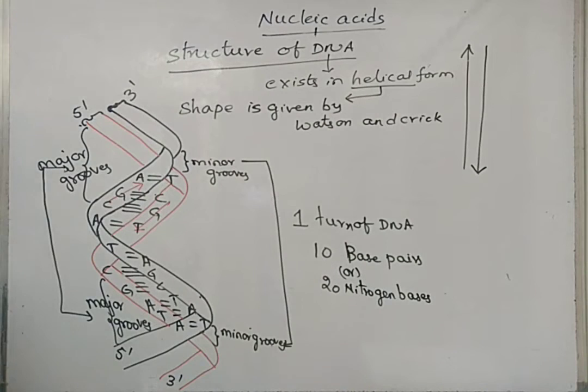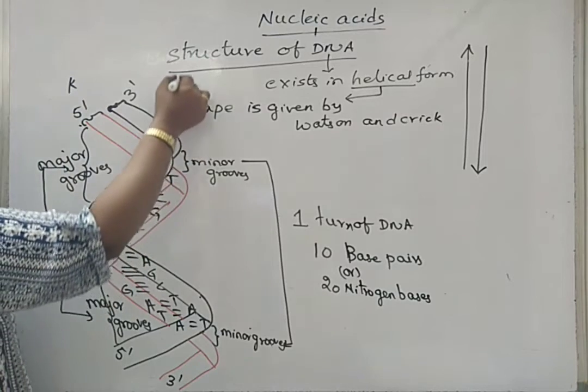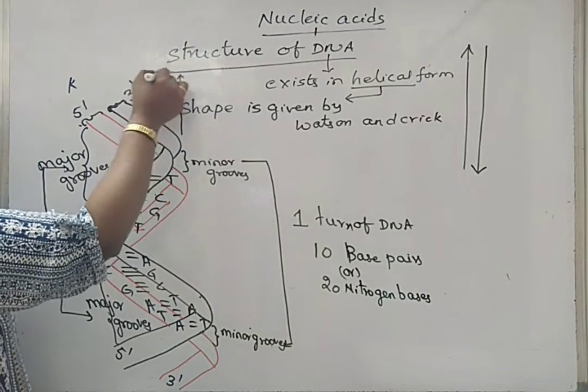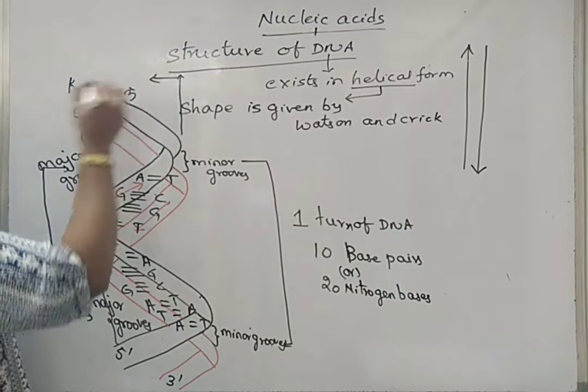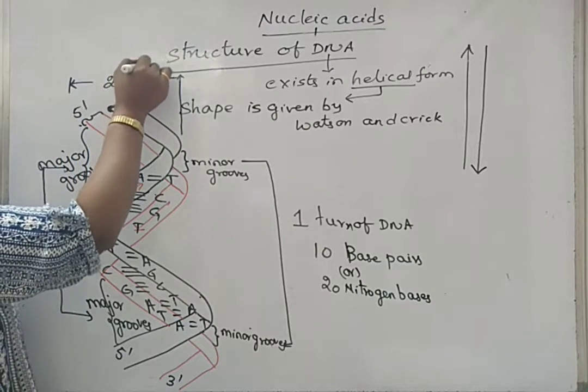Nitrogen bases. Now, the diameter from this position to this position can be represented like this as 20 angstroms.